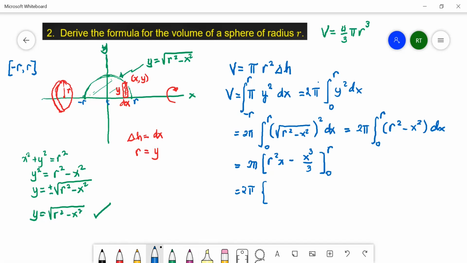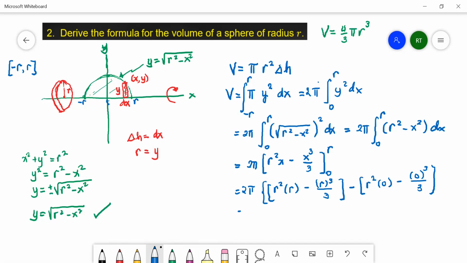So we need to replace x by r. That will give us the quantity r squared times r minus r raised to the third power over 3, minus the value of the indefinite integral at the lower limit 0. So when x is equal to 0, we have r squared times 0 minus 0 raised to the third power over 3. And of course, the expression is equal to 0.